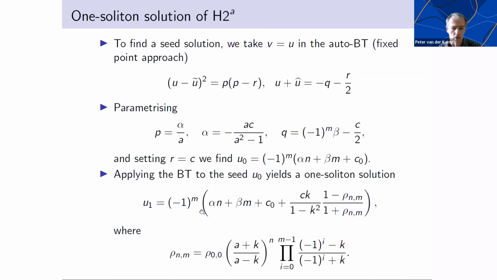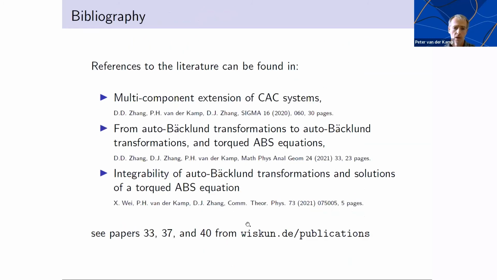And here are some one-soliton solutions for the torqued version of H2A. So this is an equation that is not in the ABS list itself. It doesn't have the D4 symmetry. You can use this new kind of Backlund transformation to find solutions as well. So this is all I wanted to say.